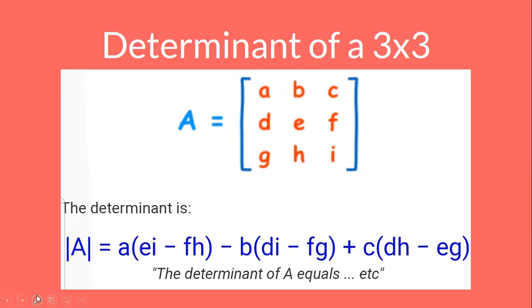And then to get my last added in, I am on the third element in row 1, cross out row 1, cross out the third column, and now I'm going to find the cross difference here.